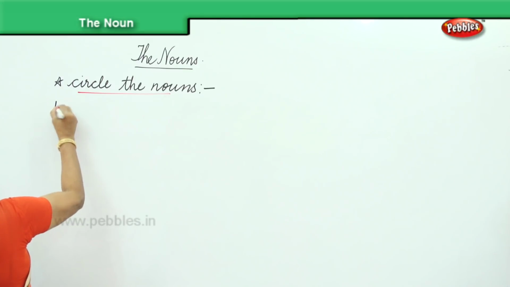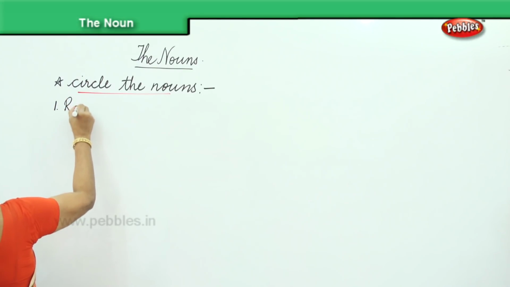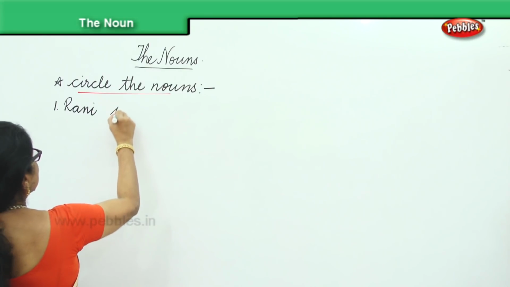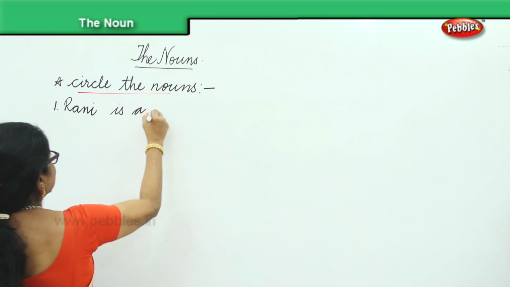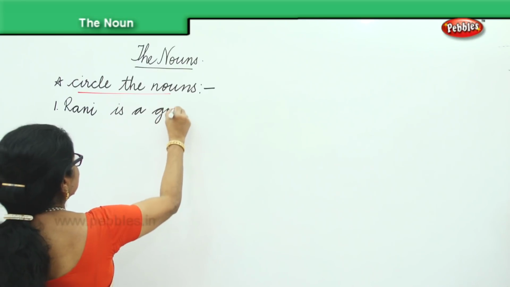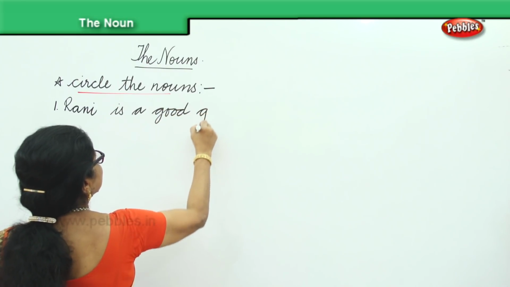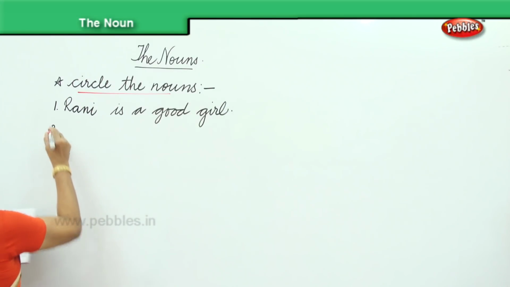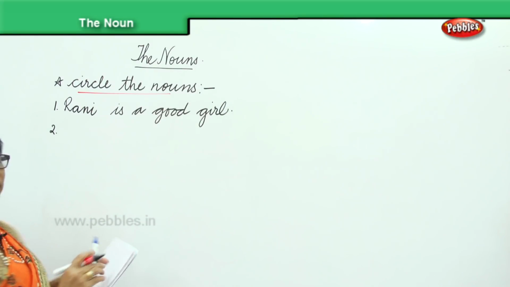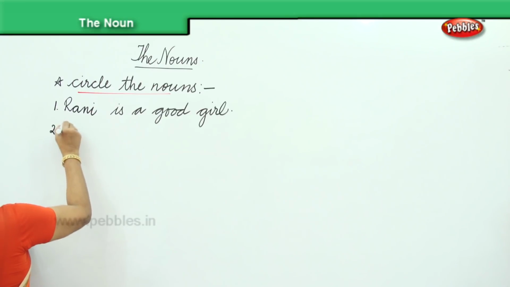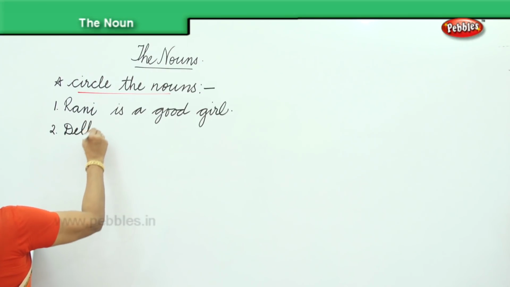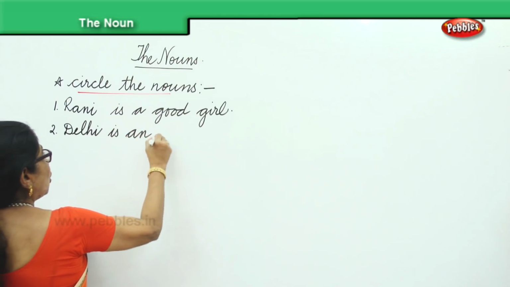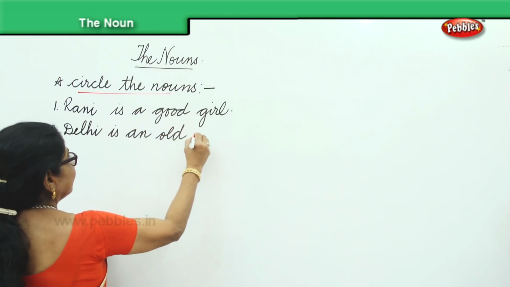First, Rani is a good girl. Delhi is an old city.